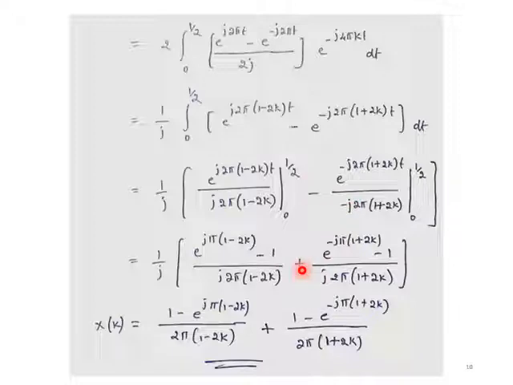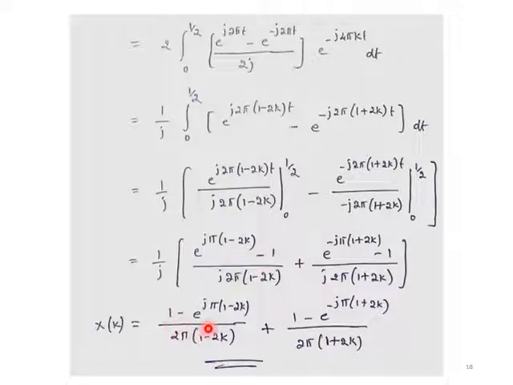This minus becomes plus. So for the second term, after applying the upper limit and lower limit, the upper limit will give some value and the lower limit gives one value. The term is minus, so the minus term which existed remains. If you simplify after multiplying 1 by j inside, j into j squared is minus 1. That minus I'll take, so this becomes plus, this becomes minus.